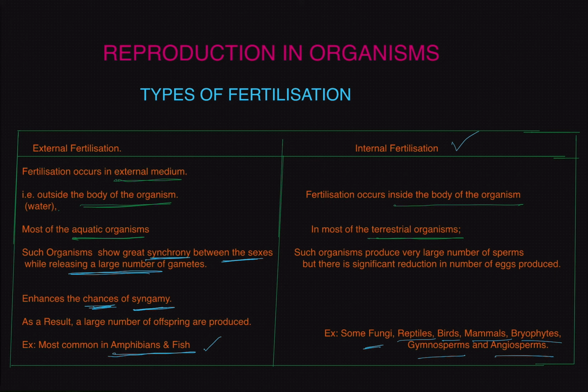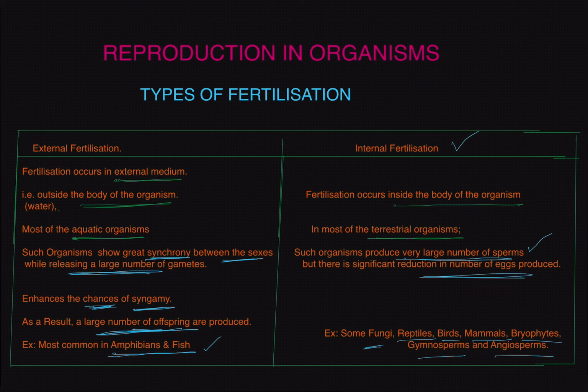Now, what happens here as a result of such release of a large number of gametes into water? The offspring produced are also in large numbers, right? But for internal fertilization, it is not like that. They produce a large number of sperms in internal fertilization. That means male gametes are produced in large numbers, but the female gametes are not.